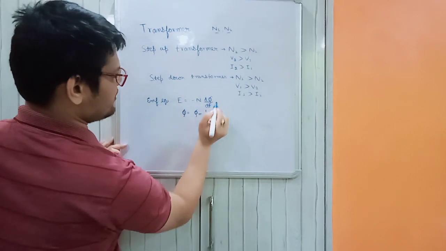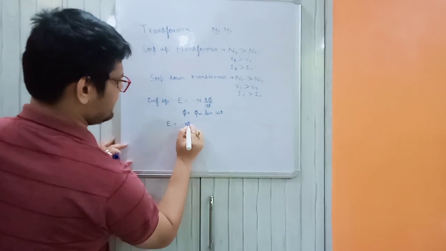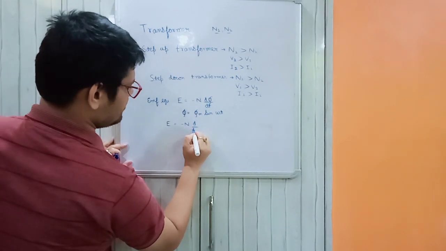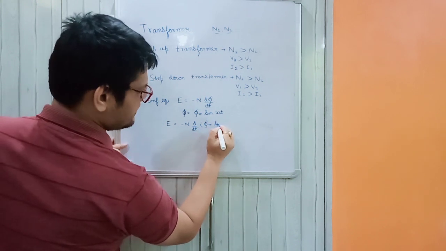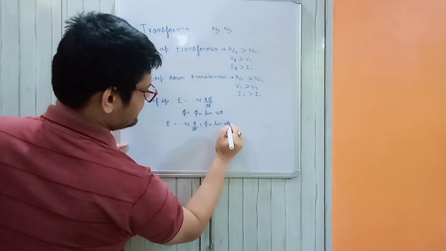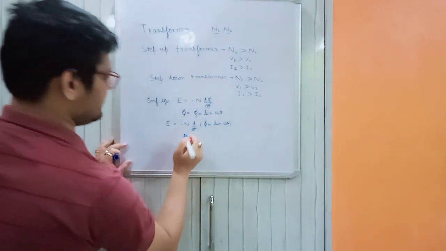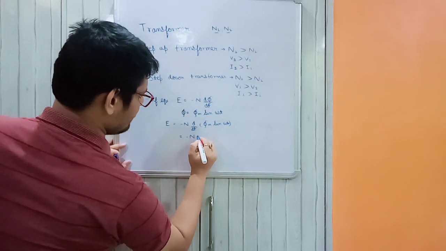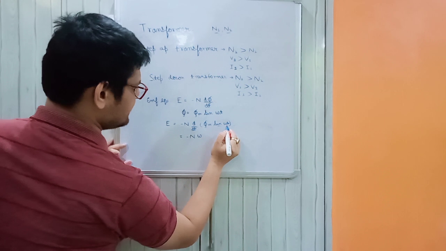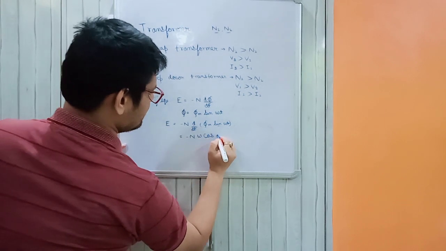So we can put phi over here: E is equal to minus N d by dt of phi m sin omega t. Now we differentiate this, so omega will come out: minus N omega, then differentiating, it will be cos omega t.